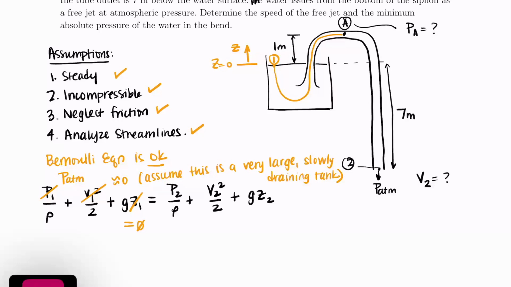On the other side, at location 2, which is actually location A, this is going to be PA, which we're looking to find, and this is VA.